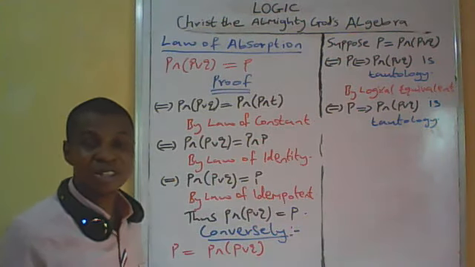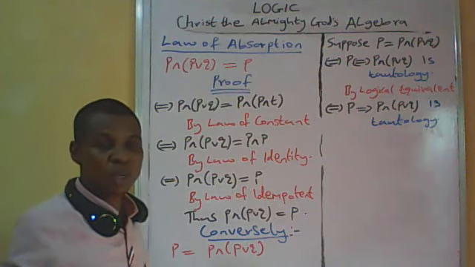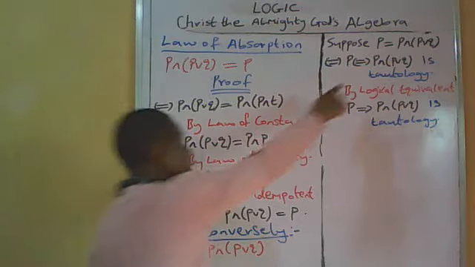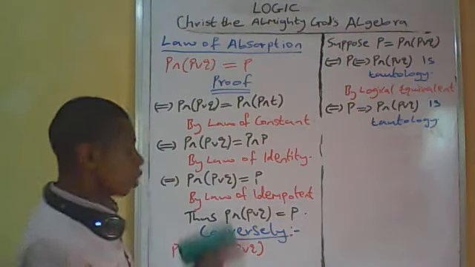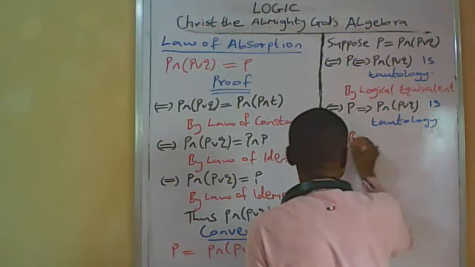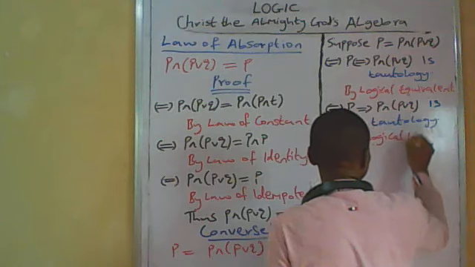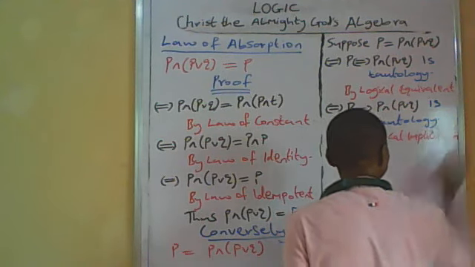You say that it is a tautology, being justified by logical implication. It is through logical implication that we transform this biconditional statement to a conditional statement. So being justified by logical implication.